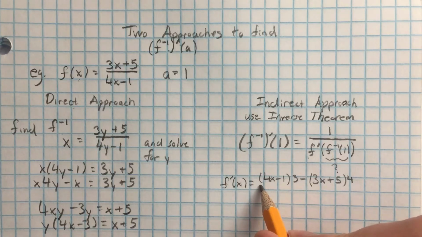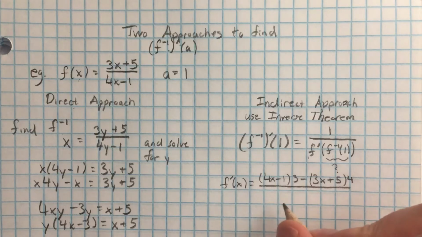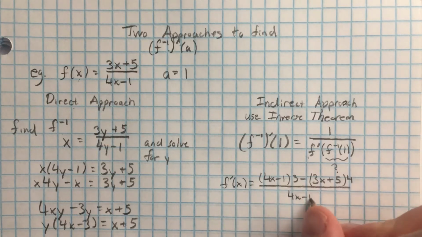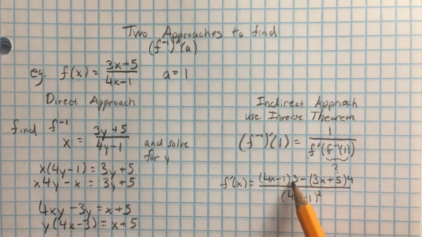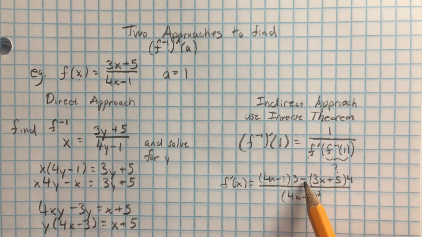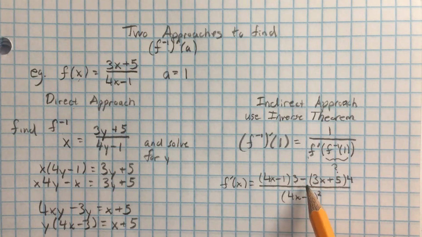And that gives us bottom squared as denominator, 4x minus 1 squared. Okay, being very careful again. 4x times 3 is 12x, minus 3x times 4 is 12x, so the variable vanishes again in the original function's derivative. And we have negative 3 minus 20.